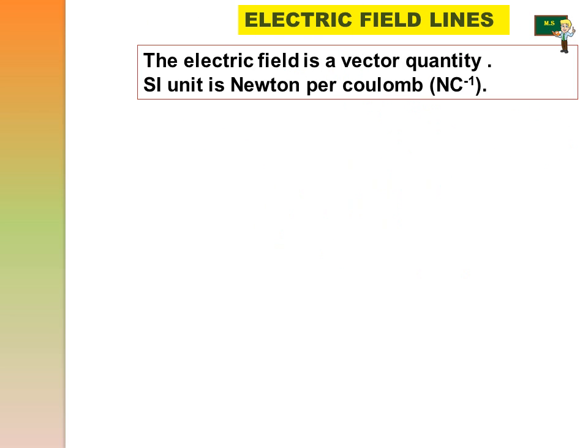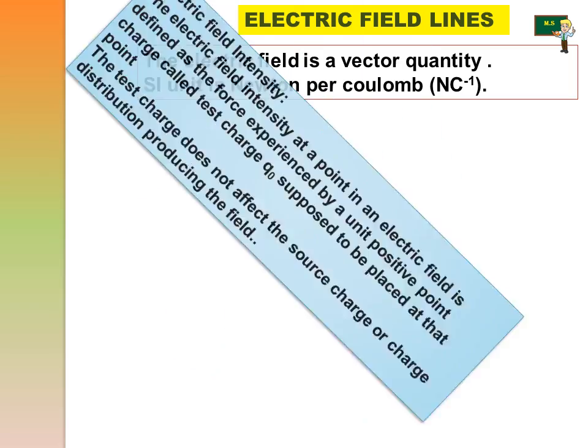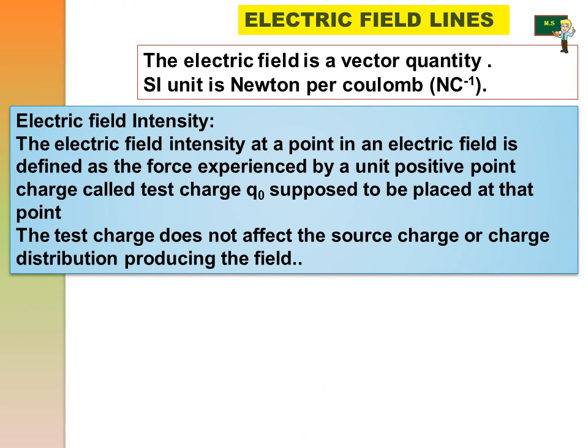Now what do you mean by electric field lines? We saw what we mean by electric field. Electric field is a vector quantity and the SI unit is Newton per Coulomb, N C^-1.